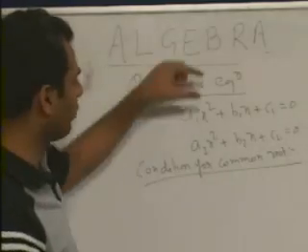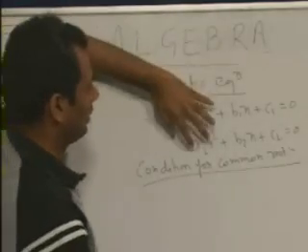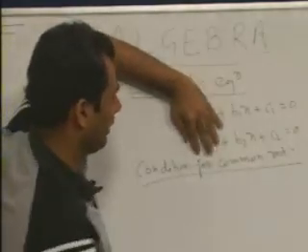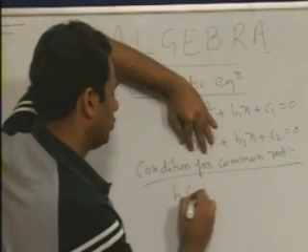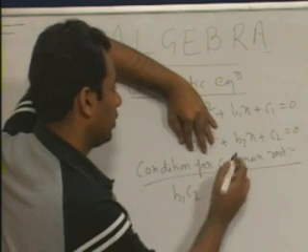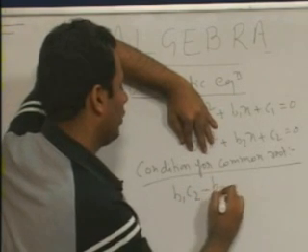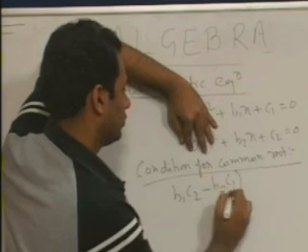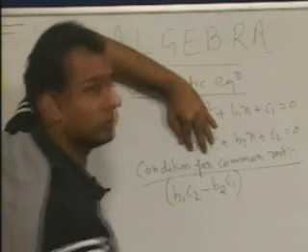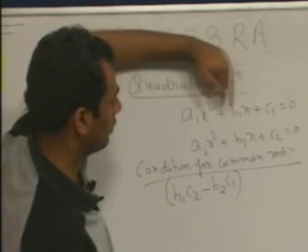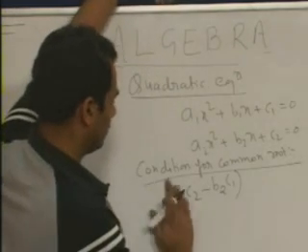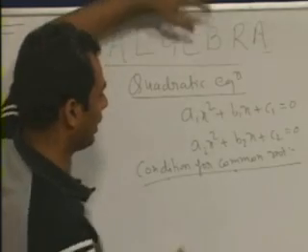Now the condition for a common root is: multiply these two. Just wait, not this one, but start from here.